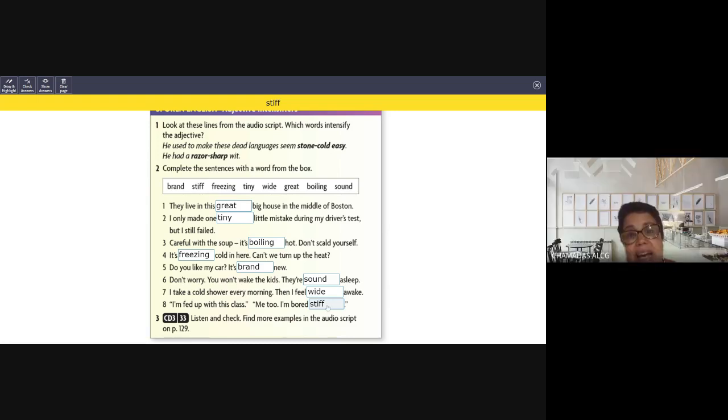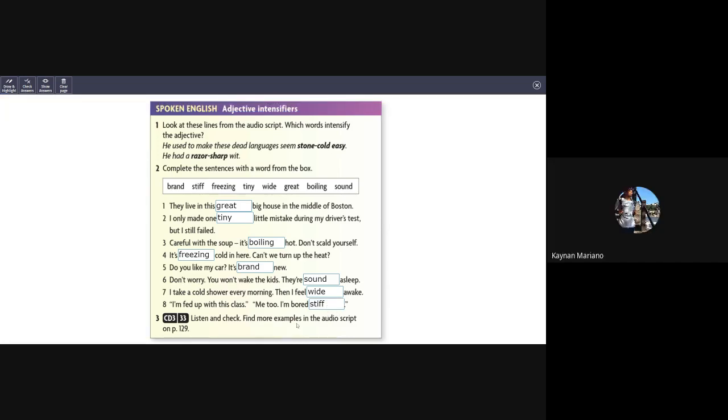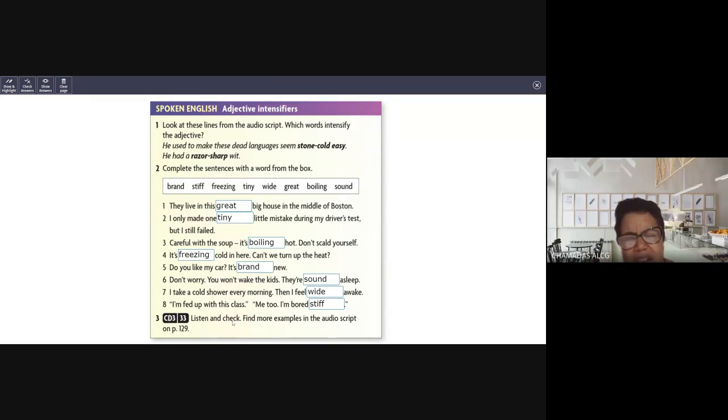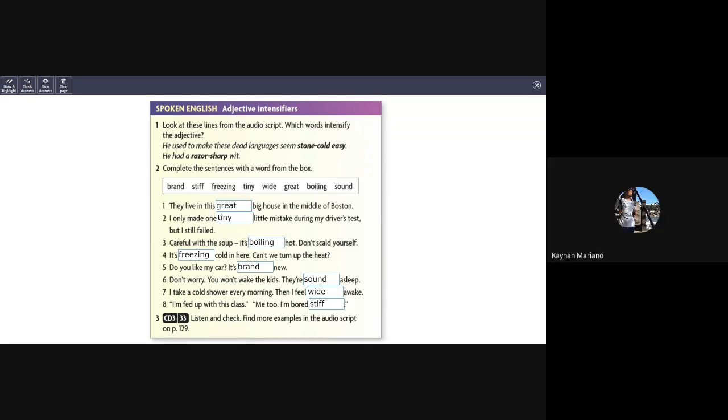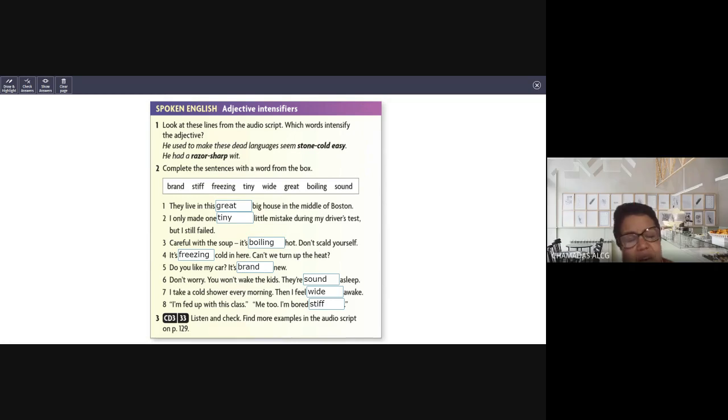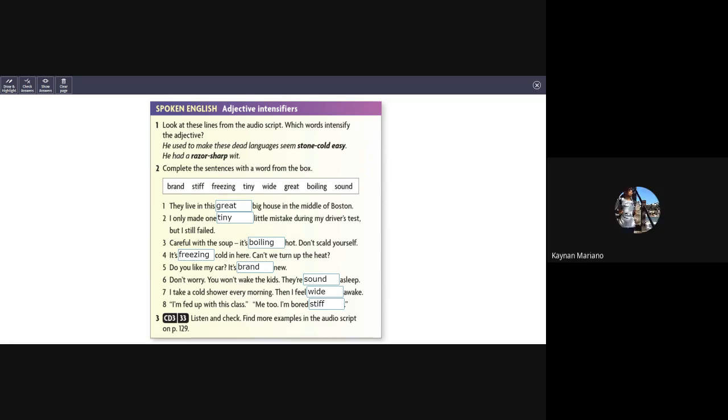Teacher, what's the meaning of stiff by itself? I think it has something to do with pain. Like a stiff neck.